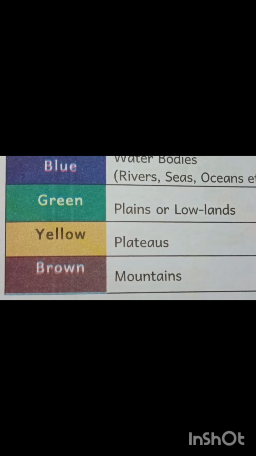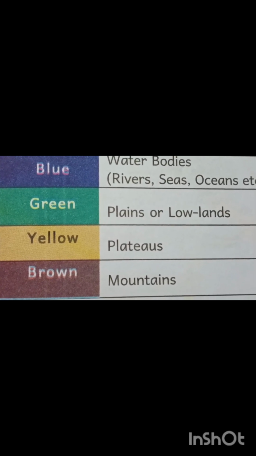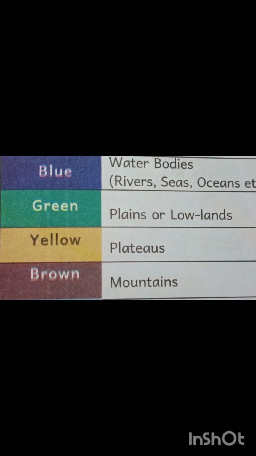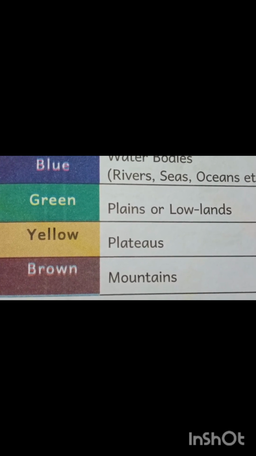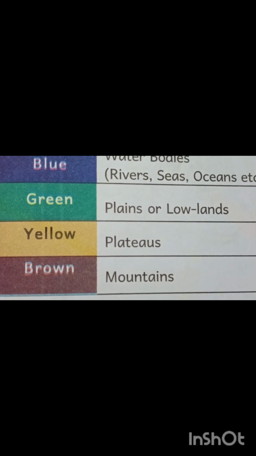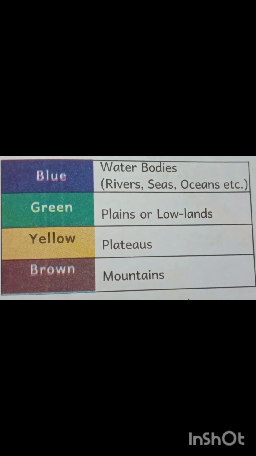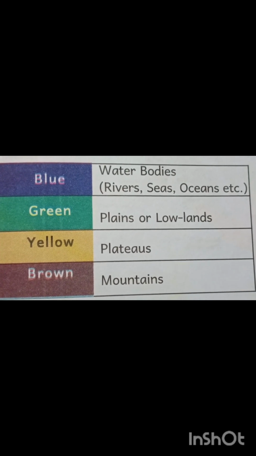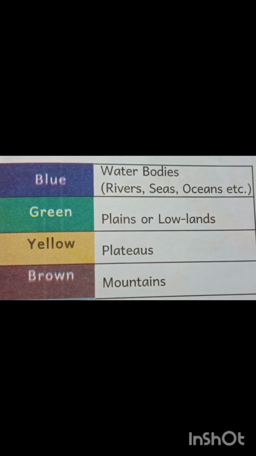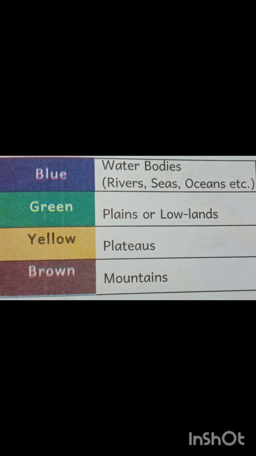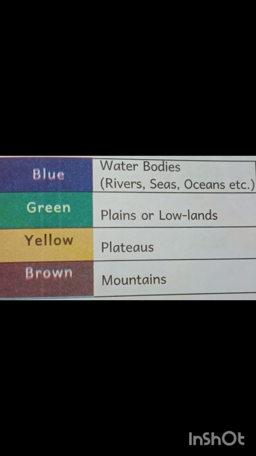Yellow color indicates plateaus and their regions, and brown color indicates mountains. In this way, these colors are also useful in the maps. This is the fourth and last component, the colors.